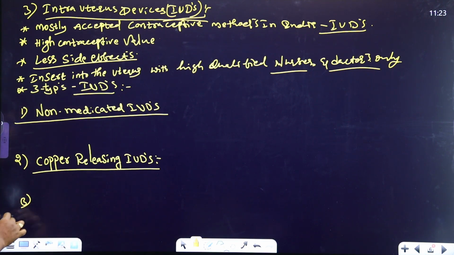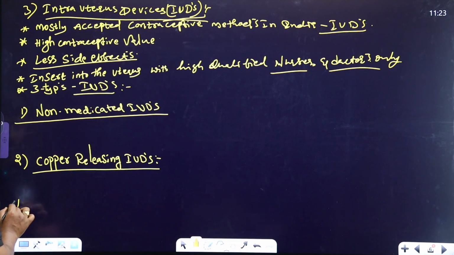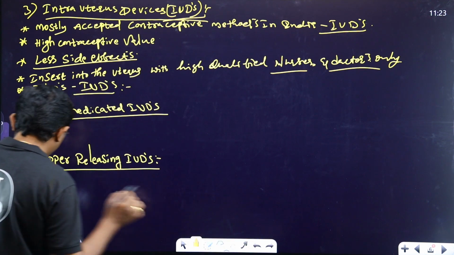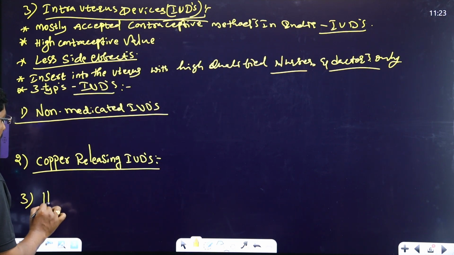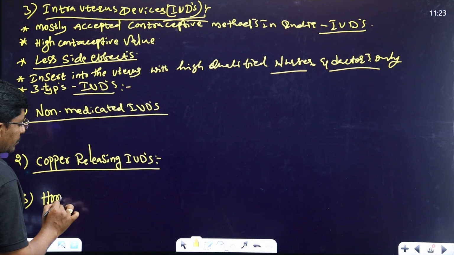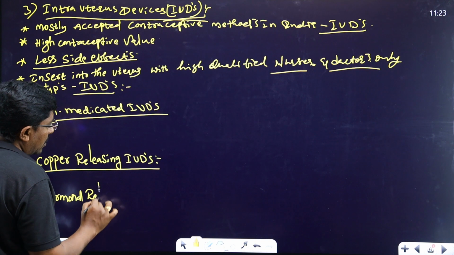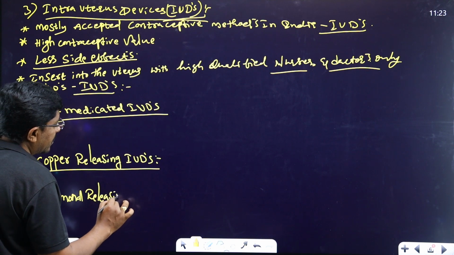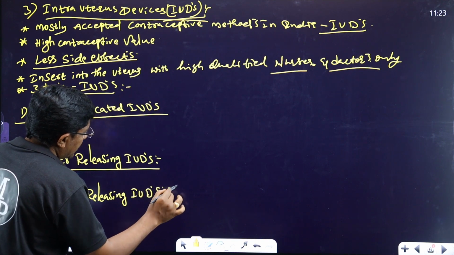And the third type of IUDs is hormone releasing IUDs.